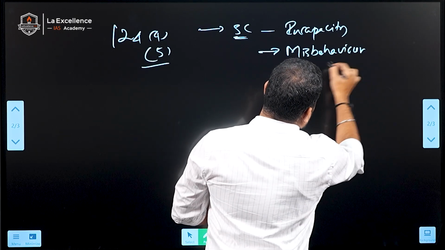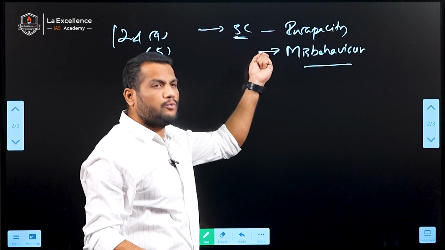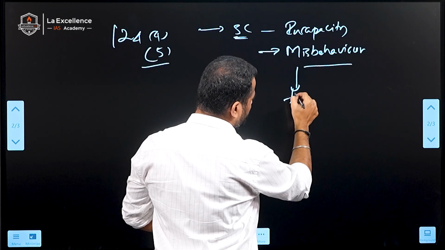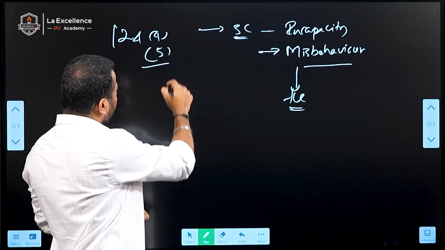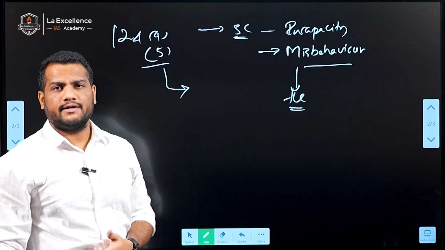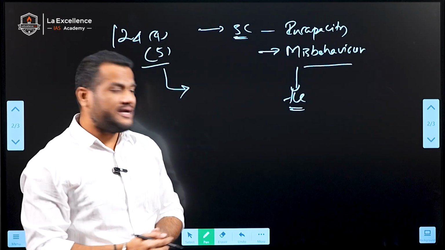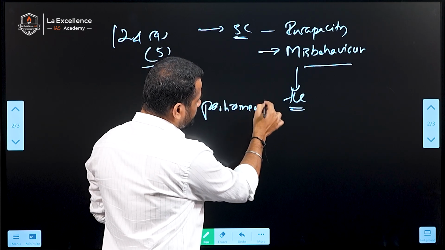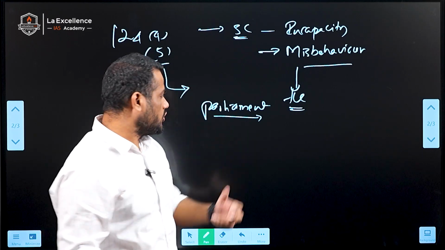These 2 grounds can be considered to remove a Supreme Court judge, and they are also applicable to a High Court judge, right? And Article 124 subclause 4 and 5 also say that a Supreme Court judge can be removed by the Parliament only if both houses of the Parliament pass a resolution with a special majority.